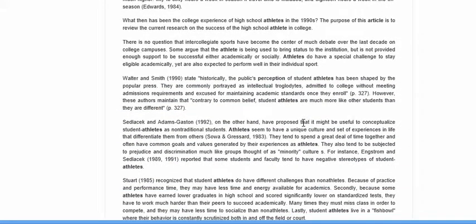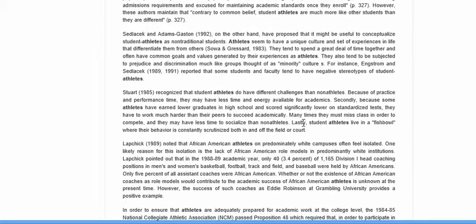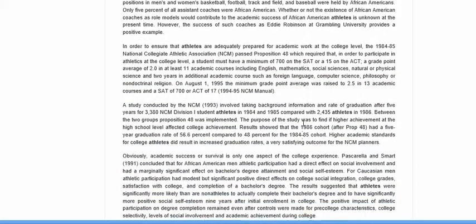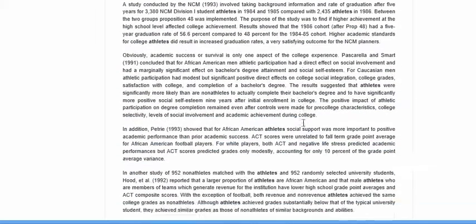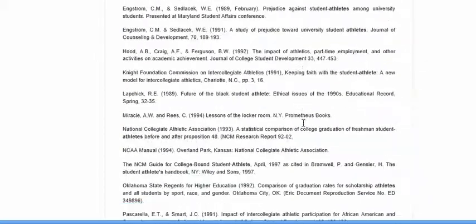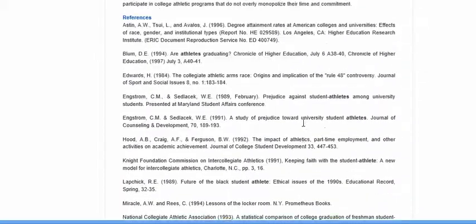Since I'm talking, I'm not really able to read and talk at the same time. But as I read through it 10 minutes ago, I found that there was a discussion at one point about the social status, and it led me to some sources that were in the bibliography.